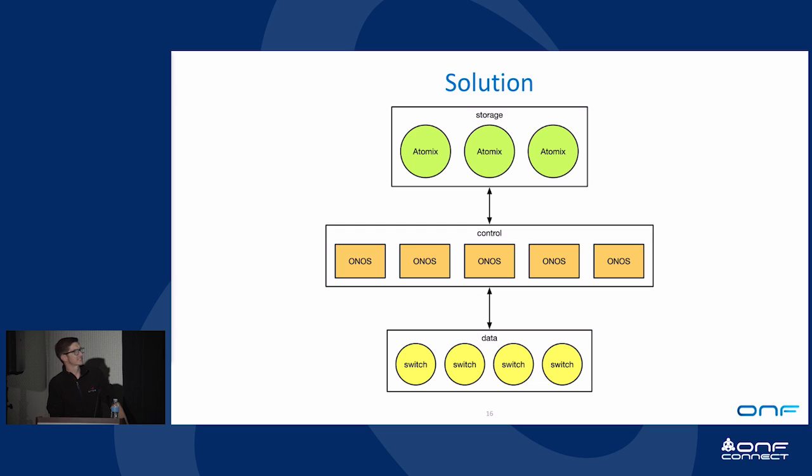And so this is what I propose. So basically, rather than the ONOS controller just having a fixed set of symmetric nodes, moving the storage layer off to another cluster, and I'll talk about that a lot later.